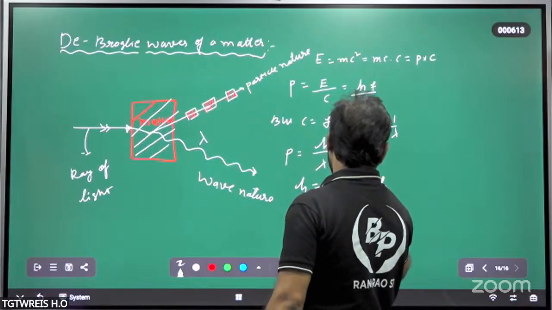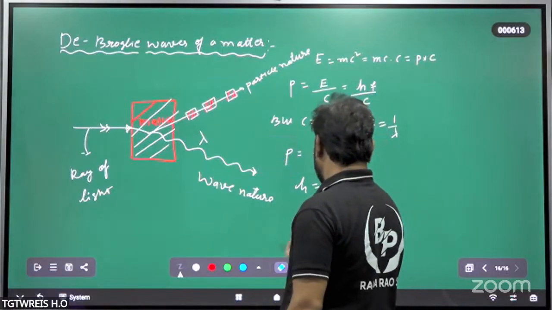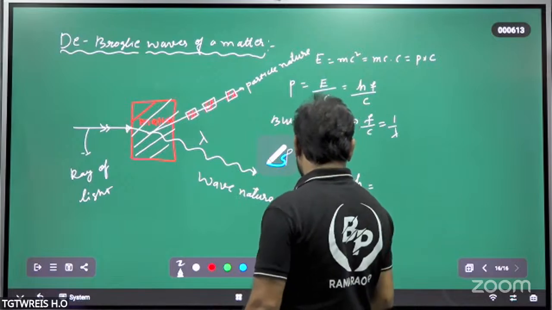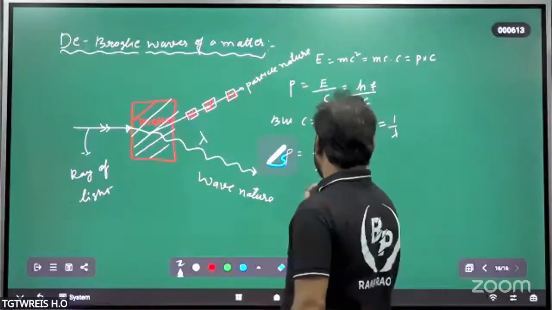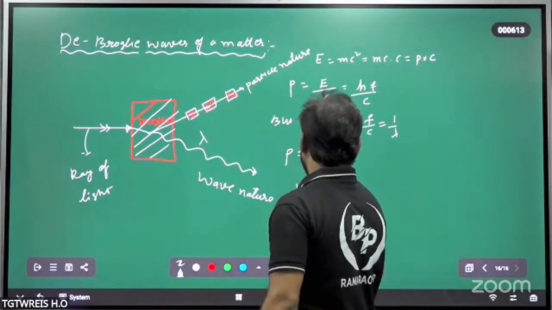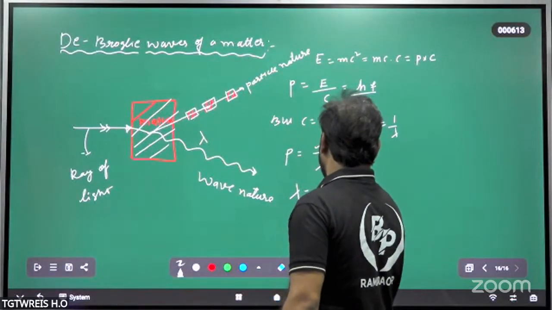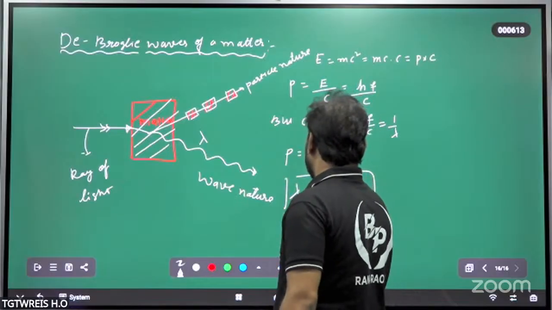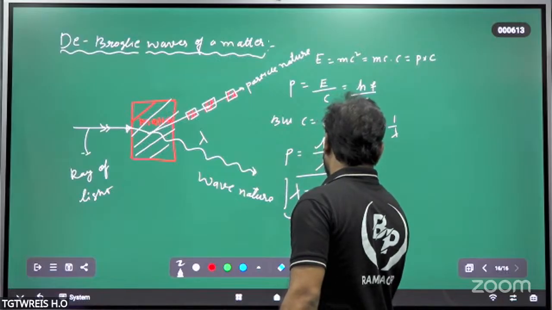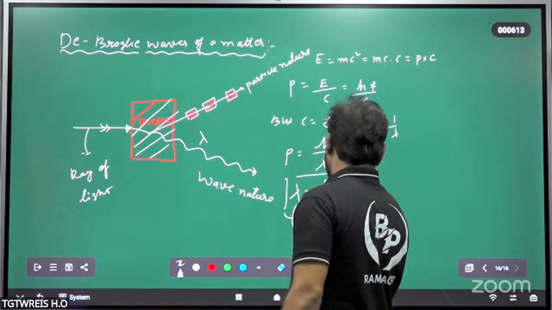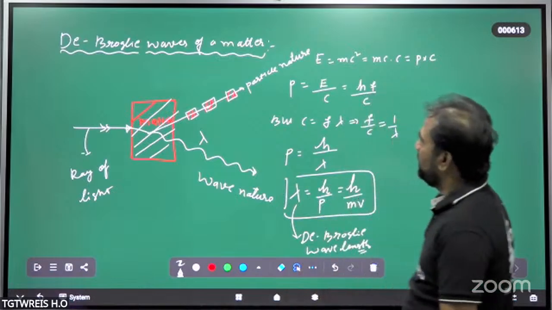This lambda is called the de Broglie wavelength.